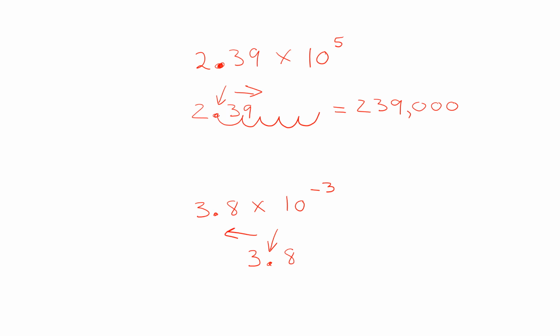So we just go back 3 places now. 1, 2, 3. So our point was initially here. So that means our answer here would have been 0.0038. That would have been our initial number before we moved on to the standard form.